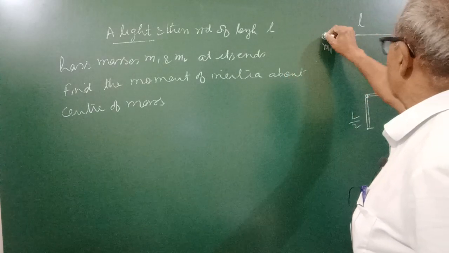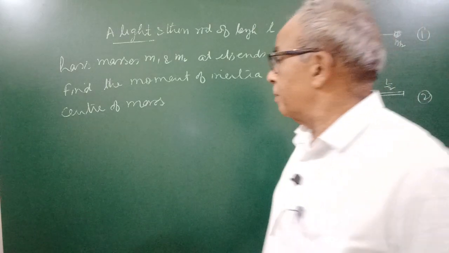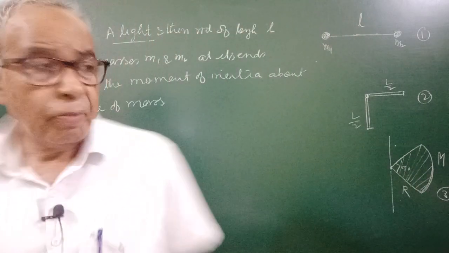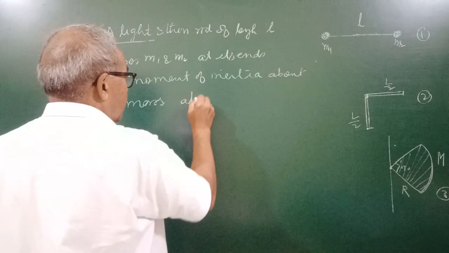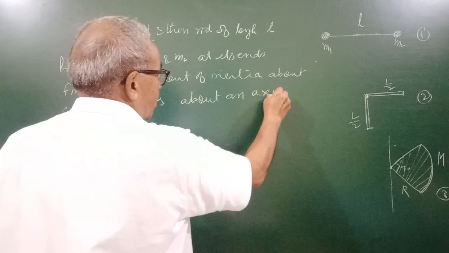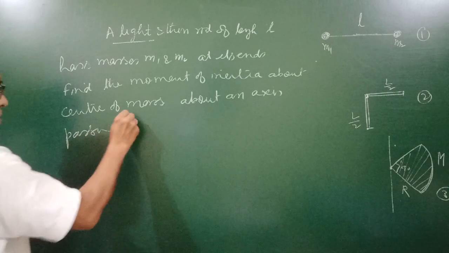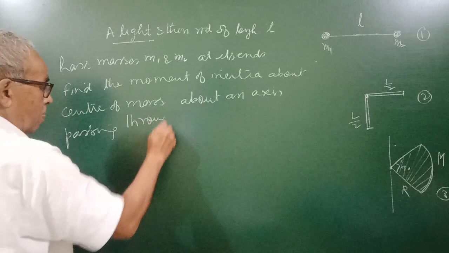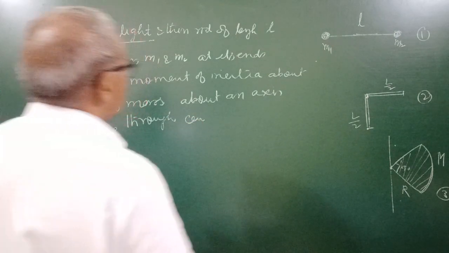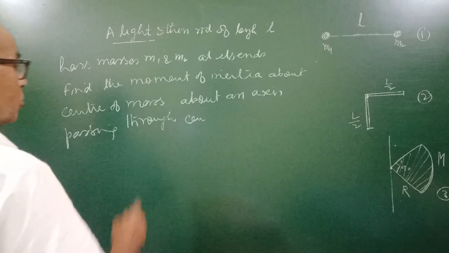So find the moment of inertia of masses M1 and M2 about an axis passing through the center of mass.